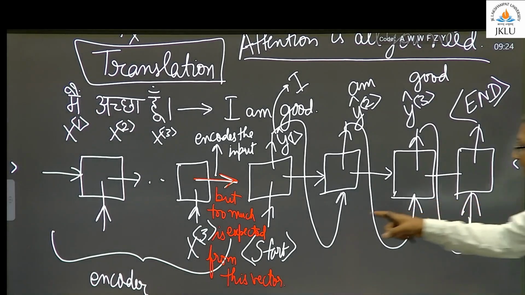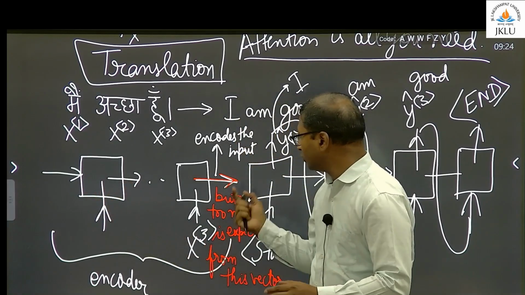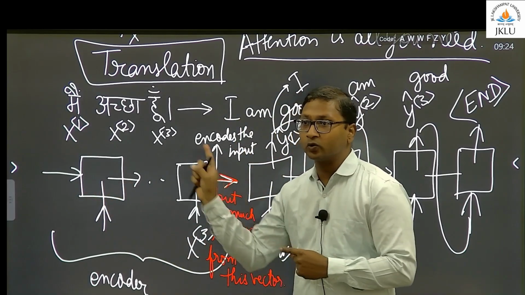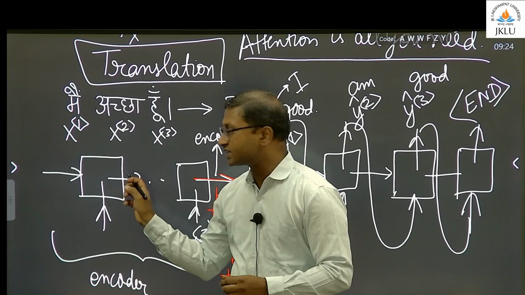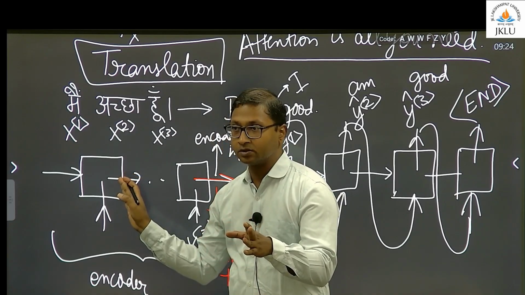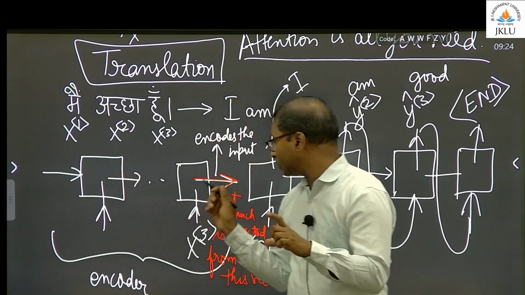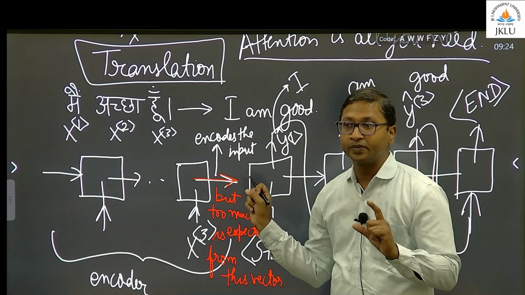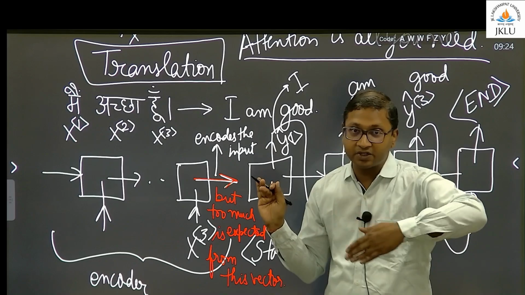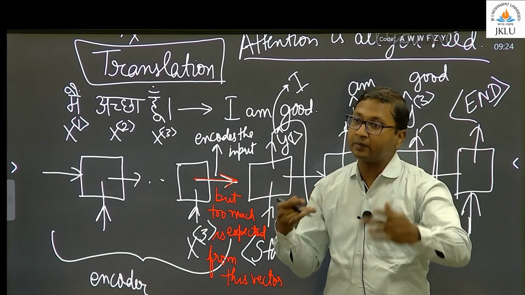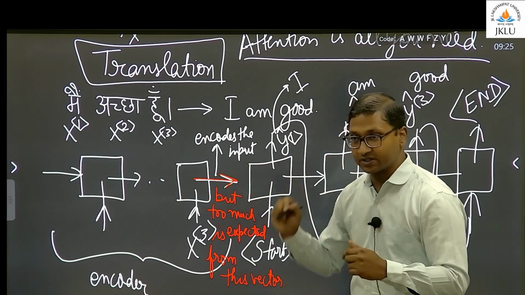This might be a very long sentence and you want this one particular vector to encode the whole sentence. What was this vector doing here? It was encoding just 2 words. Probably it will do better. But the same size vector you are expecting to encode the whole sentence. It does it better than previous approaches, but now it is time to start thinking ahead: how can I improve it? So that's the first thing.